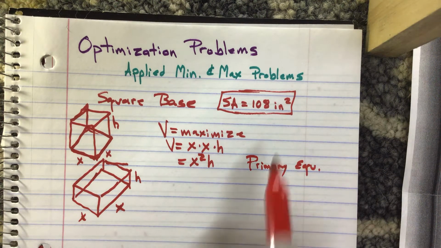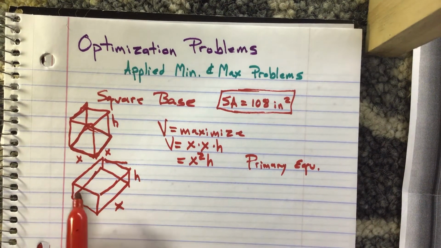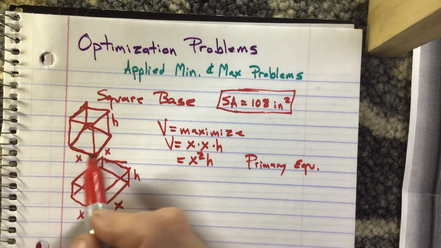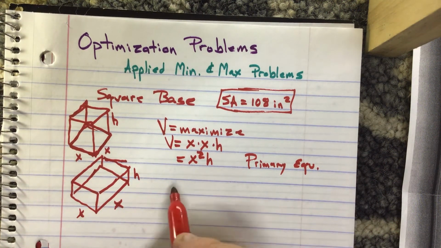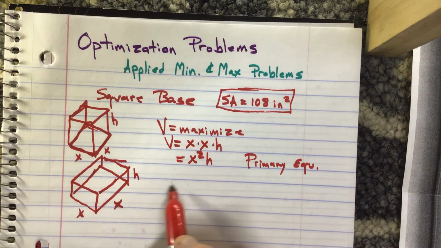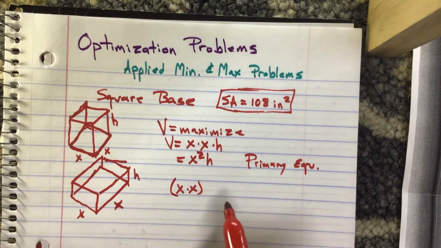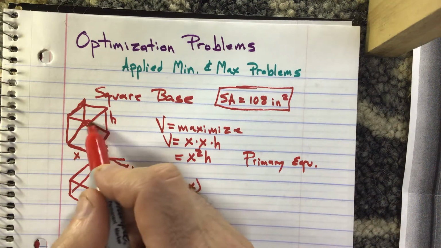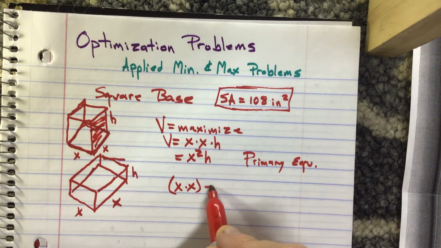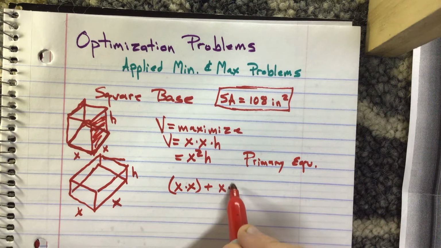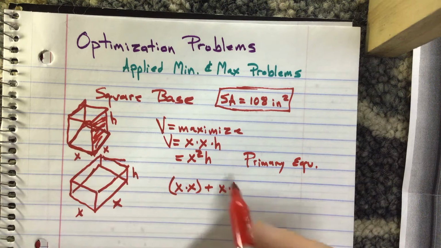The fact that the surface area has to be 108: surface area is length times width for the base, so we have x times x, that's for the base. This side right here would be x times h, so we would add that, and you've got 4 of those, 1, 2, 3, 4, all x times h.